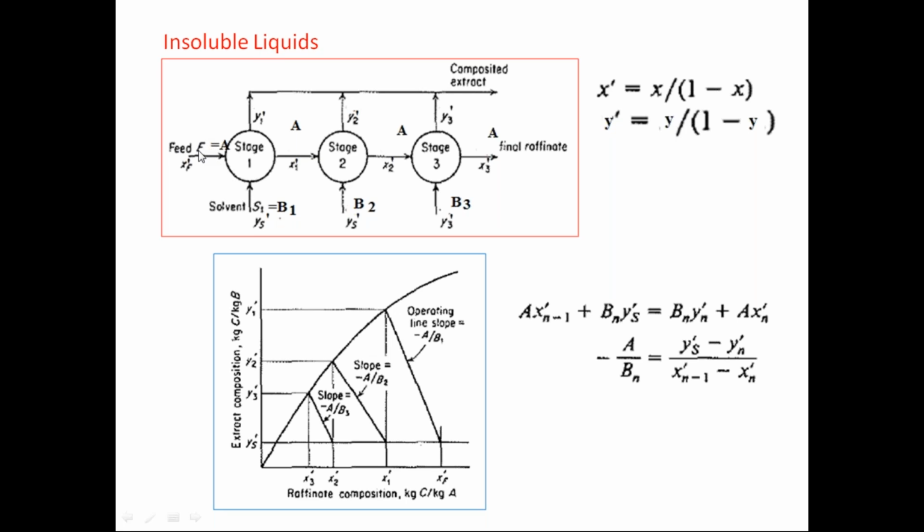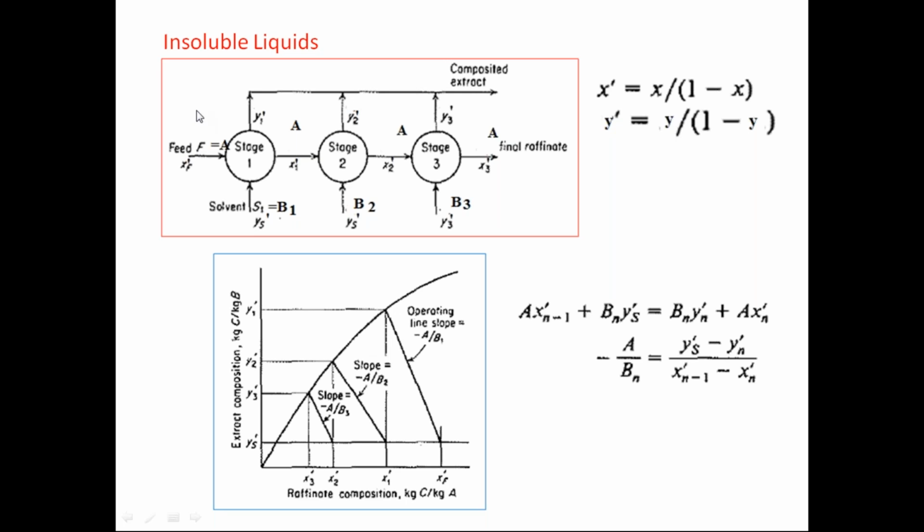So no B is entering here, but however it is taking a solute, and no E is entering into the B, however it is exchanging certain solute. So in that case, if you go on this horizontal way, then R1 will be equal to A, R2 will be equal to A, R3 will be equal to A. So A is the quantity of the feed solvent except solute in the feed.